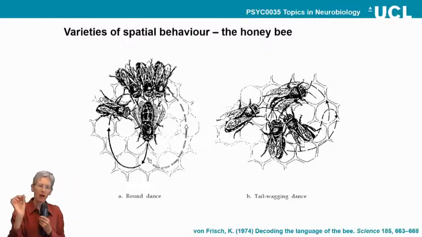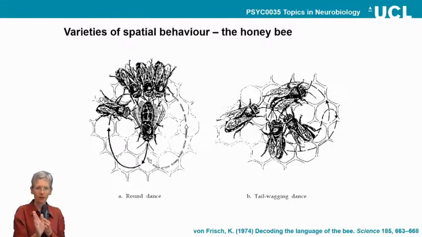And what von Frisch found is that the angle of the upward leg of that dance changes with the direction of the food. So it seems to be related to the direction of the food, and what it's specifically related to is the angle of the sun in relation to the direction of the food.